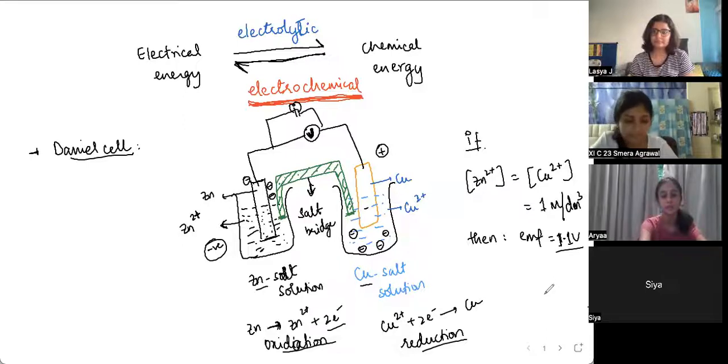So the salt bridge maintains equilibrium between the two solutions, right? Equilibrium maintains the neutrality.